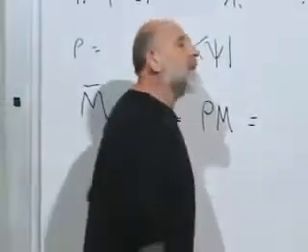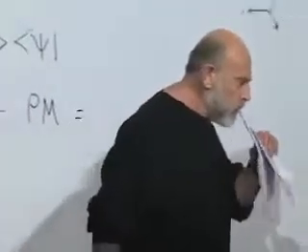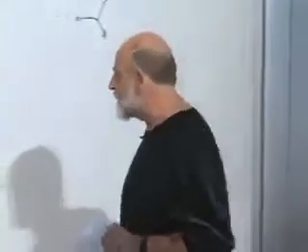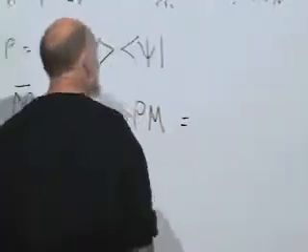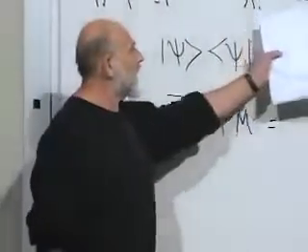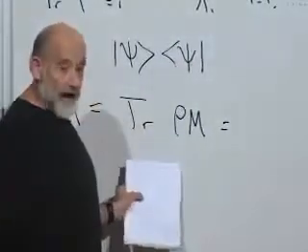Let me remind you the definition of the trace of a matrix. You take any basis whatever. The trace has the property that it doesn't matter which basis you calculate it in. It's an invariant under changes of basis of the vector space. It doesn't have to be the basis in which rho is diagonal, though it can be.